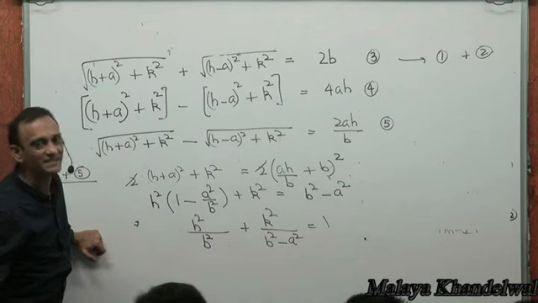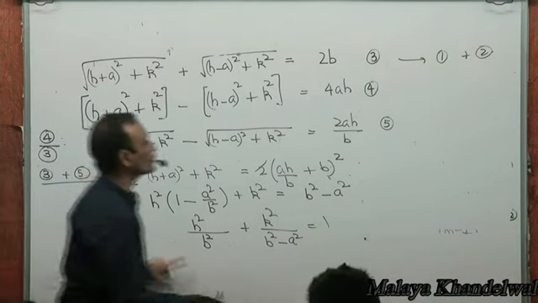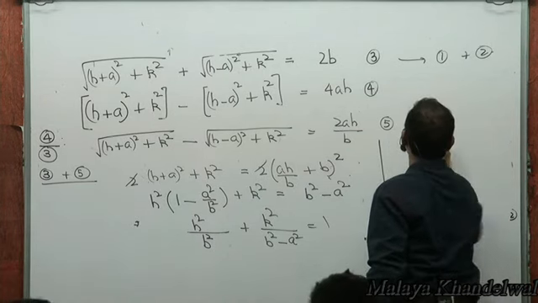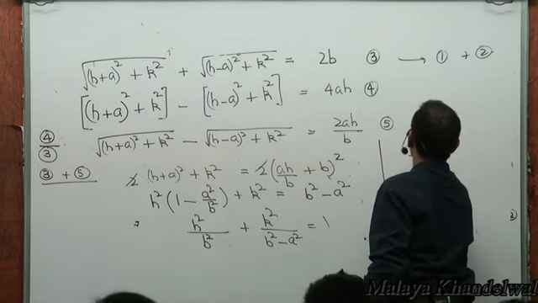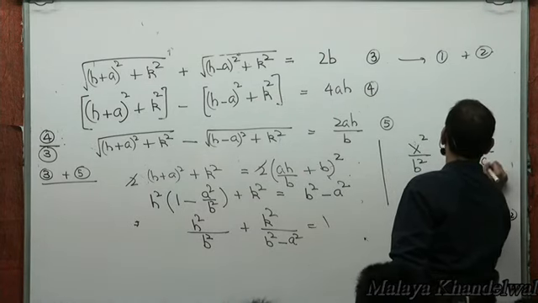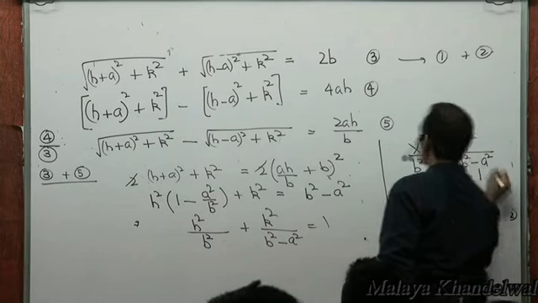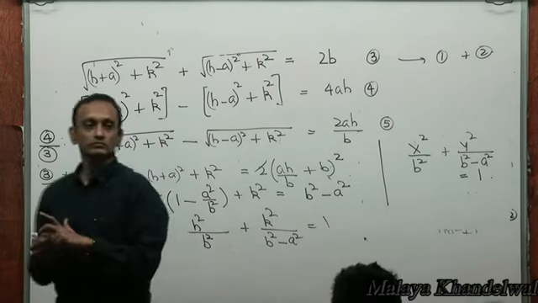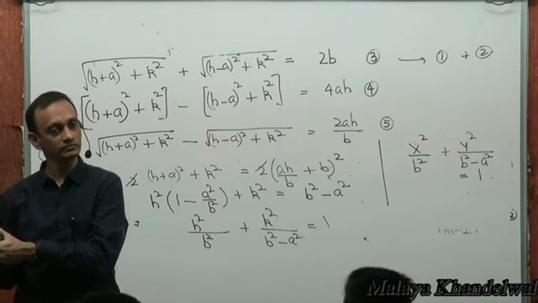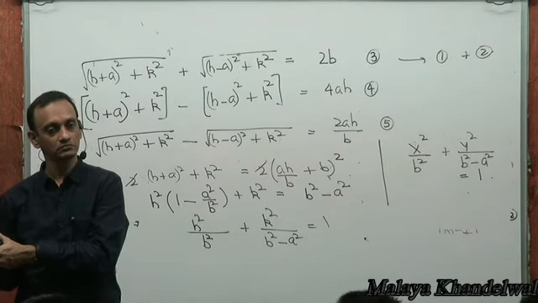Generalize. Replace h by x and k by y to get the locus of the focus. x squared by b squared, and so on, equal to 1. Hocus pocus mumbo jumbo. All's good?